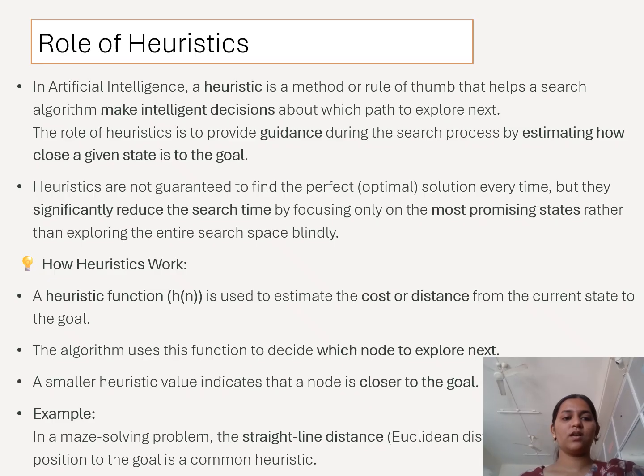Working of heuristic: the heuristic function h(n) is used to estimate the cost or distance from the current state. The algorithm uses the function to decide which node to explore next. A smaller heuristic value indicates that the node is closer to the goal. The best example is a maze solving problem.